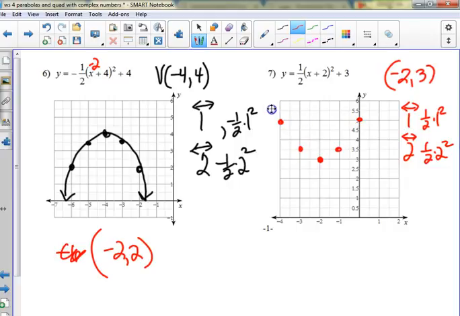Did you get 0, 5? If I put a 0 in back here, I get 4 when I square it. Half of 4 is 2. 2 plus 3 is 5. So I think 0, 5 should be on our graph. All right. Ready to move on?